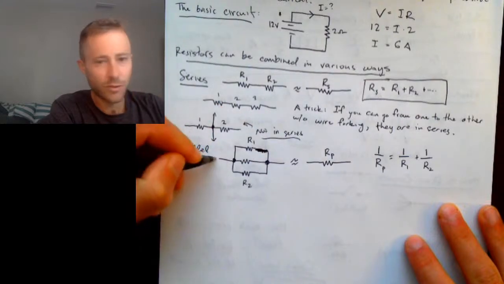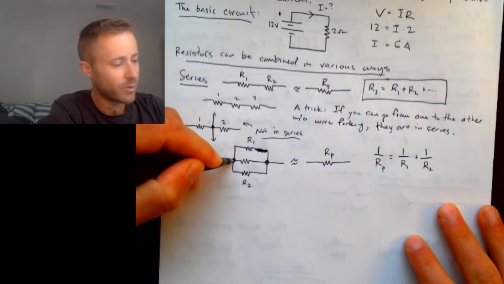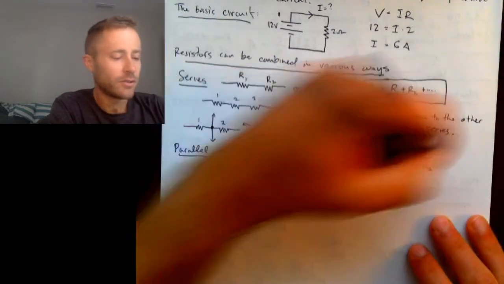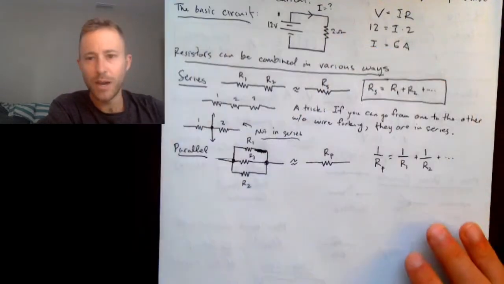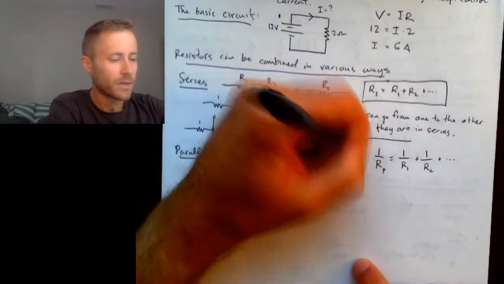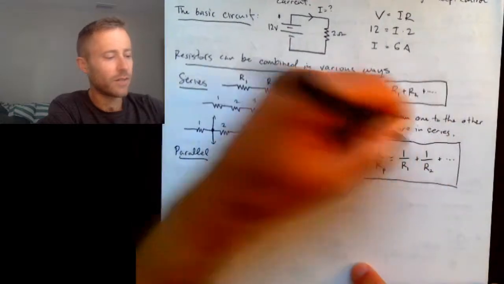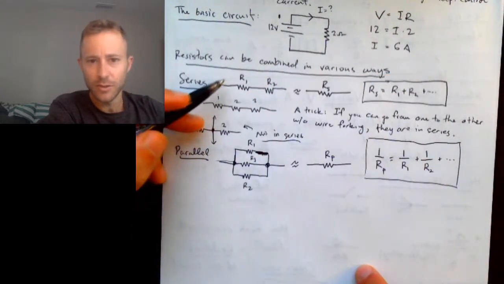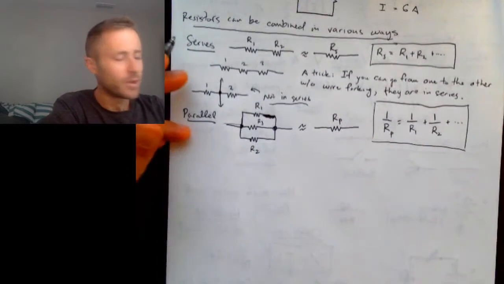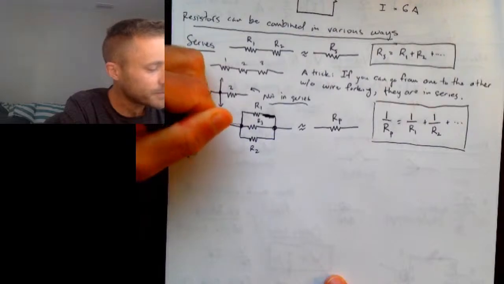So here this wire goes in and it branches into 3. 1, 2, 3. And so you would just continue this same pattern. So you'd have plus 1 over R3, etc. So just like you can have any number of resistors in series, you can have any number of resistors in parallel. So let me tell you a trick.